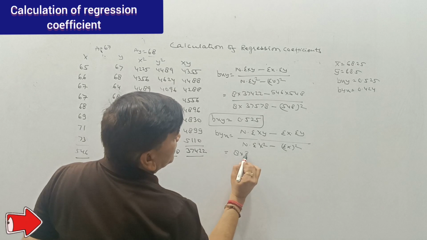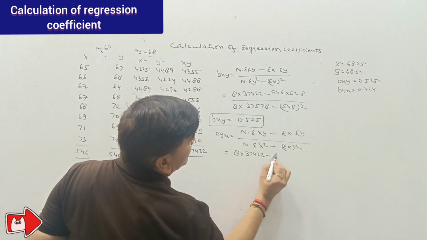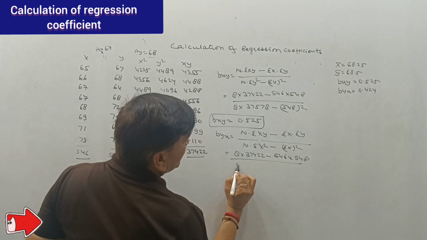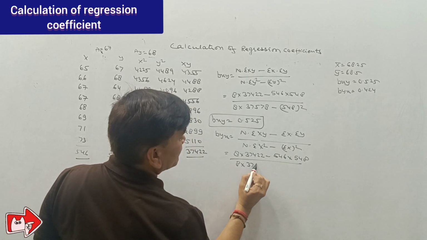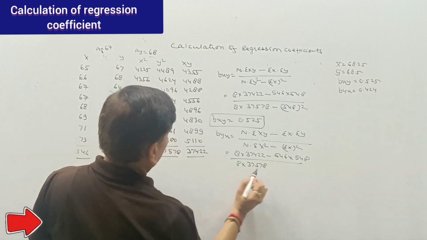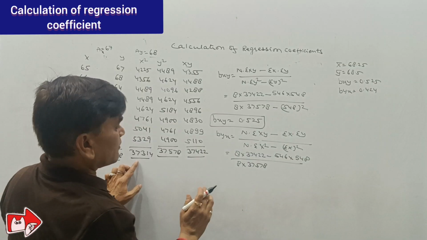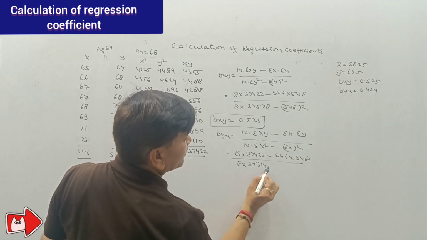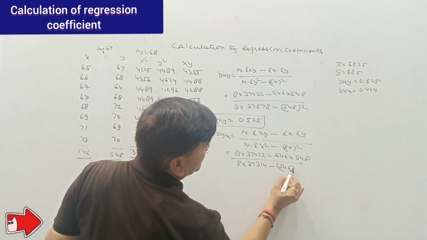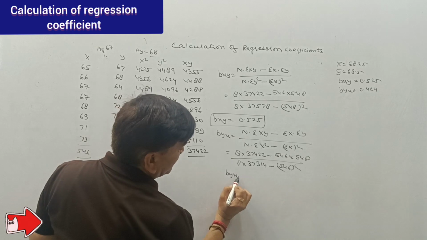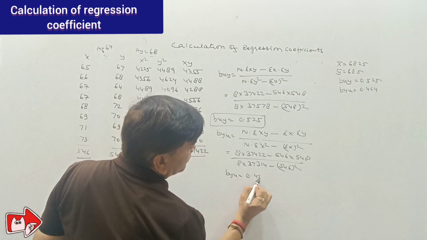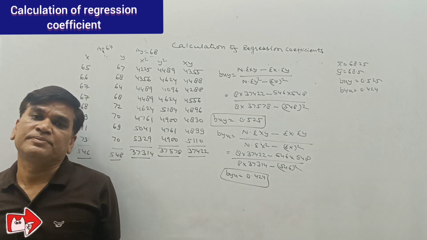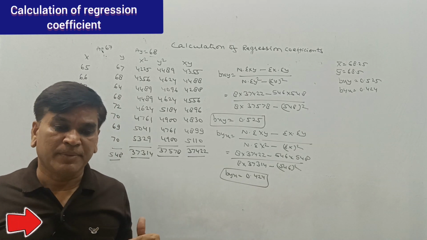So 8 multiplied by 37422 minus 546 multiplied by 548, divided by 8 multiplied by 37314 minus 546 raised to power 2. By calculating this, you will get 0.424. So you can use either formula; the result will be the same.